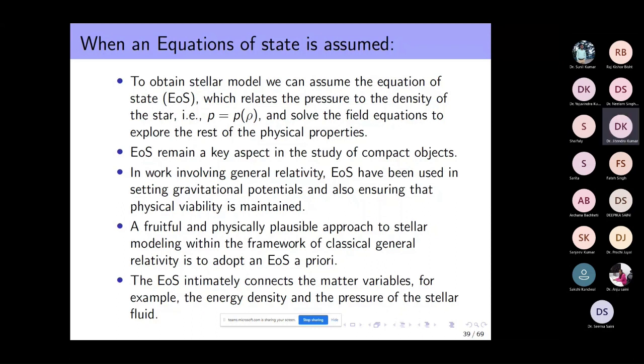A fruitful and physically plausible approach to stellar modeling within the framework of classical general relativity is to adopt an equation of state a priori, and the equation of state intimately connects the matter variables, for example, the energy density and the pressure of the stellar fluids. Because by this equation of state, we can connect the energy density with the pressure of the stellar fluids.